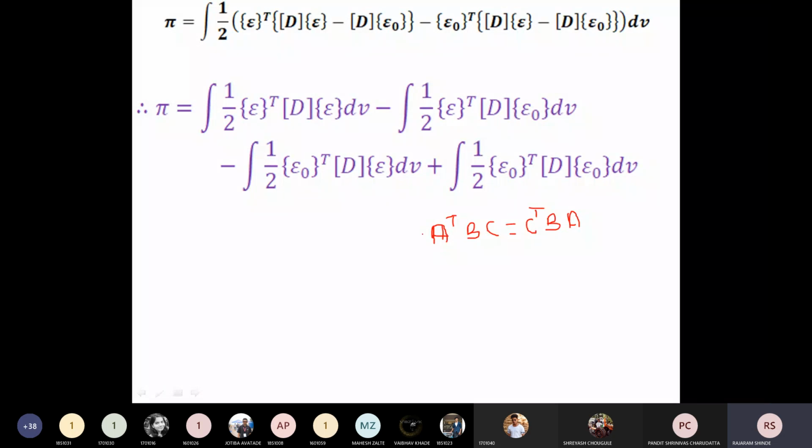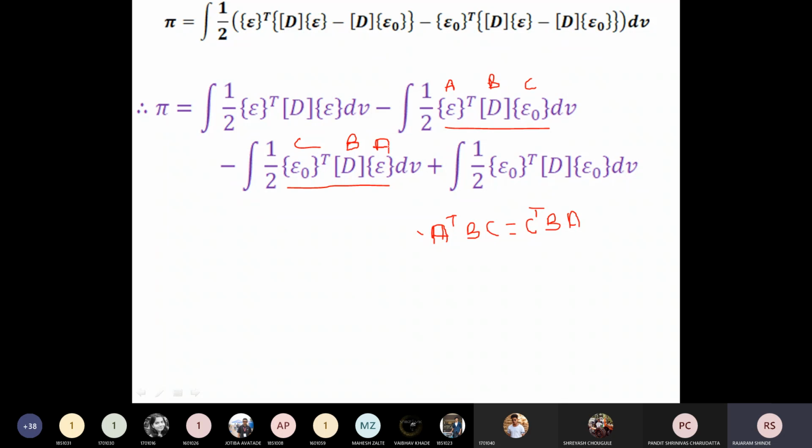Now this rule will apply to this term and this term. You can see here epsilon transpose d epsilon 0, and here it is epsilon 0 transpose d epsilon. Now when I say this as A, this is B, and this is C matrix. Same thing, here it is C matrix, here it is B matrix as it is, and this is your A matrix.